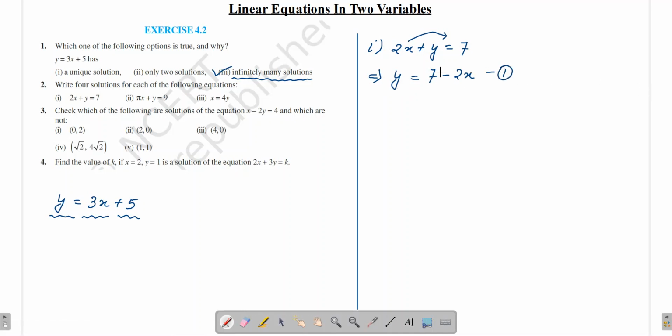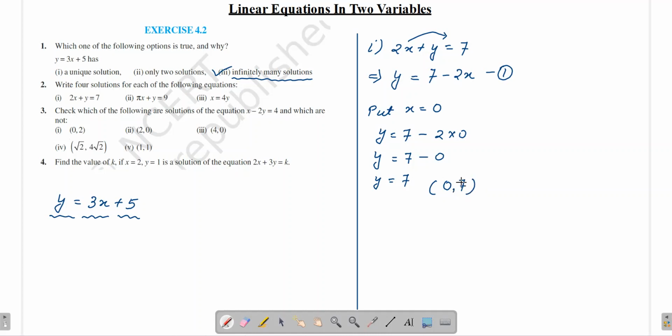Now we will put different values of x and get the values of y. For example, if I put x equals 0 in the equation, we'll get y equals 7 minus 2 multiplied by 0. We know that anything multiplied by 0 is 0. 7 minus 0 is 7. So the first solution is (0, 7).